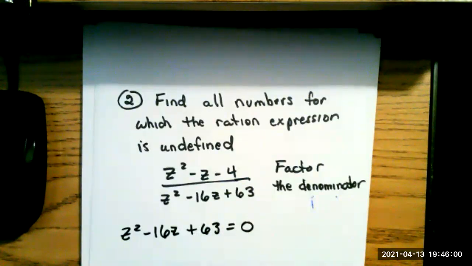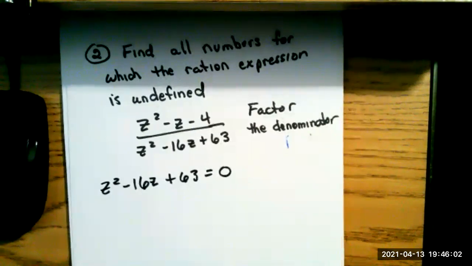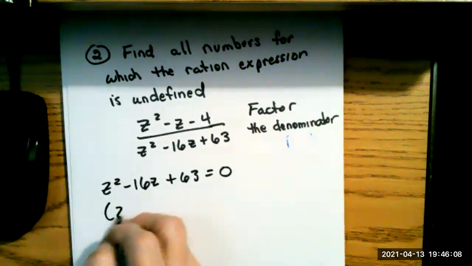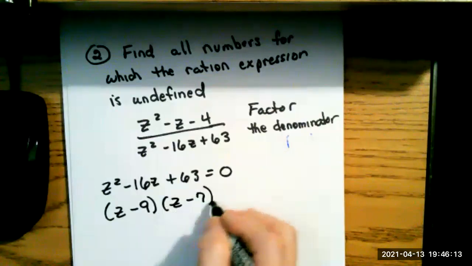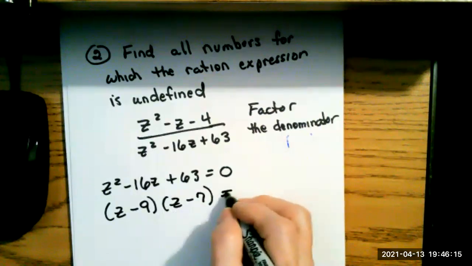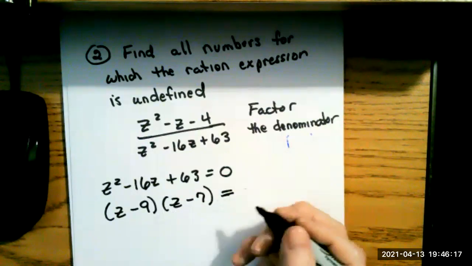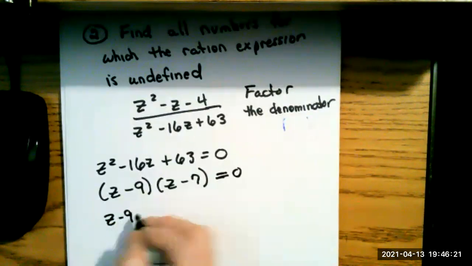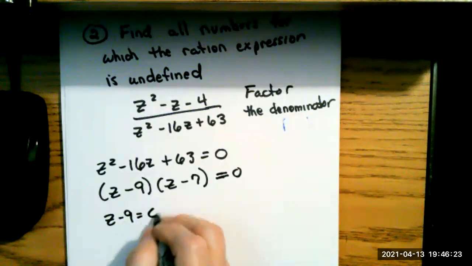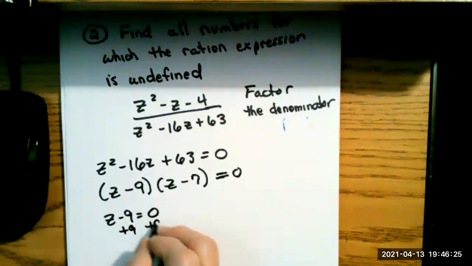Have you been thinking ahead to see what factors of 63 add to get 16? 9 and 7. Good. z minus 9, z minus 7. And if we set those equal to 0, those will be our undefined spots. We can say not equal to 0 like we do on our domain. That would be okay too.